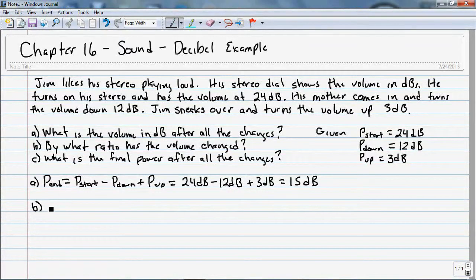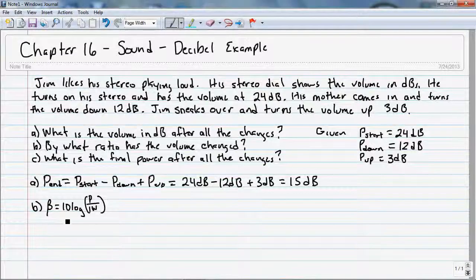Well, the first thing I want to do is solve the formula beta equals 10 log of some power divided by, since we're talking about power, realistically 1 watt. And I want to solve this for power.